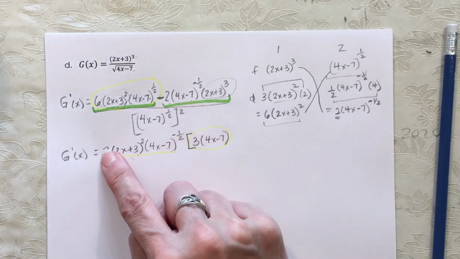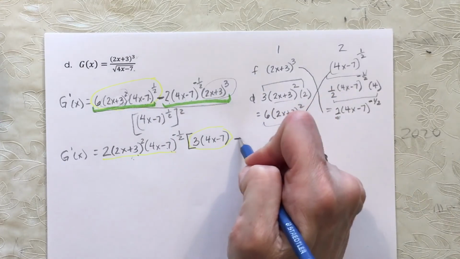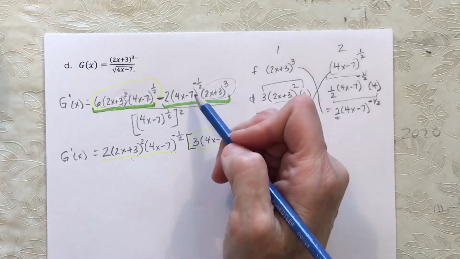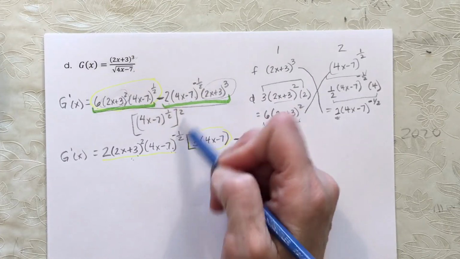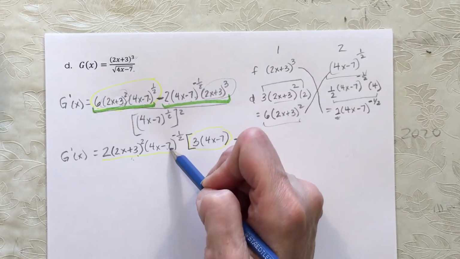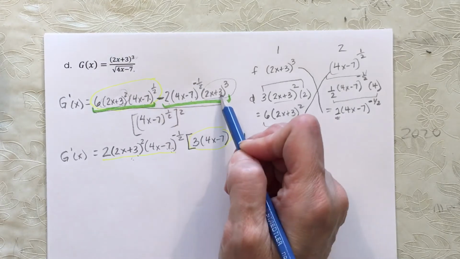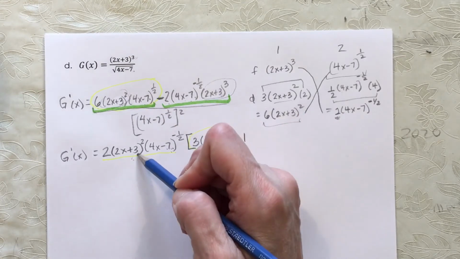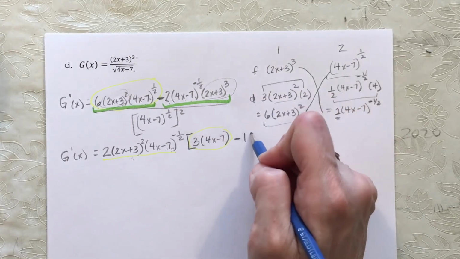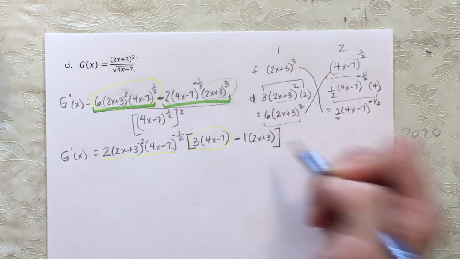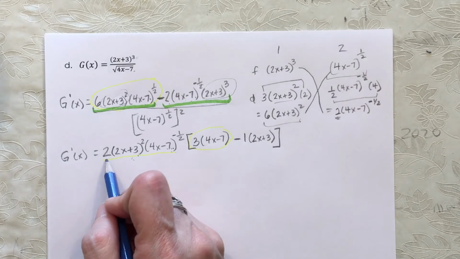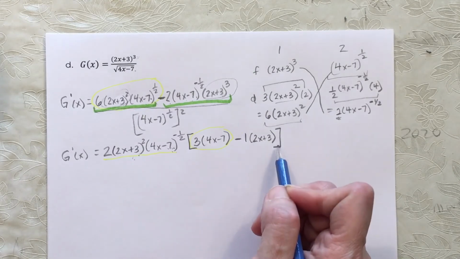So negative 2 divided by 2 is negative 1. (4x - 7) to the negative half divided by (4x - 7) to the negative half. They're exactly the same, so that gives me 1 again. (2x + 3) cubed divided by (2x + 3) squared is going to give me 2x + 3. Close my square bracket. So now I've common factored the numerator.